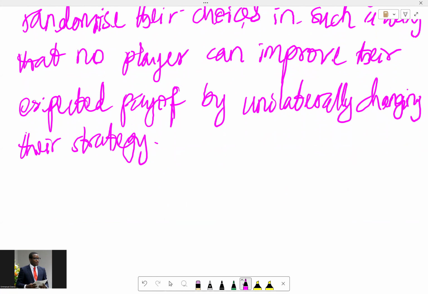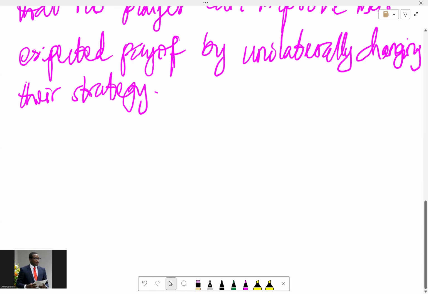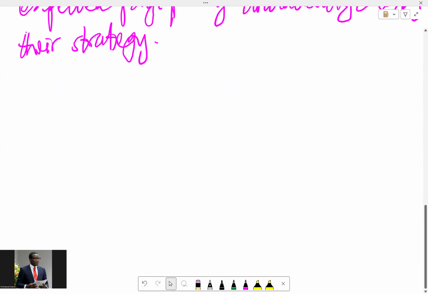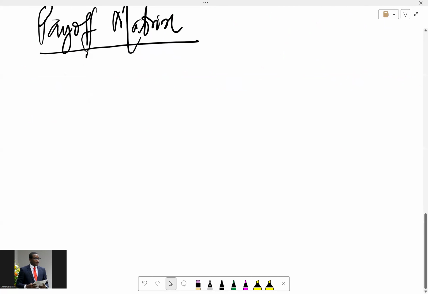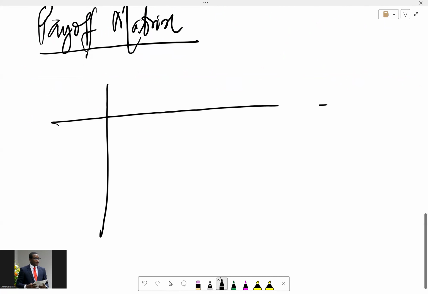Okay. All right. For the rock, paper, scissors game, let's see the payoff matrix. As usual, I like to do it this way. We have player one, and player one's things are here. And then we have player two, and the actions player two will take are down there.